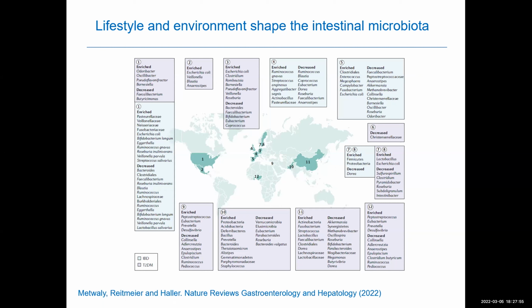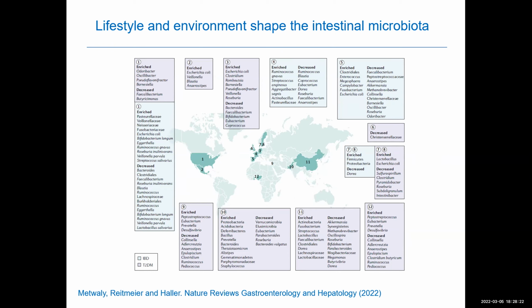Some taxa were always coming up in different locations, but in general, there was a huge variability between different locations across the globe. So to identify a unique microbiome signature which can be used across different populations, across different ethnicities, it's not really an easy task.